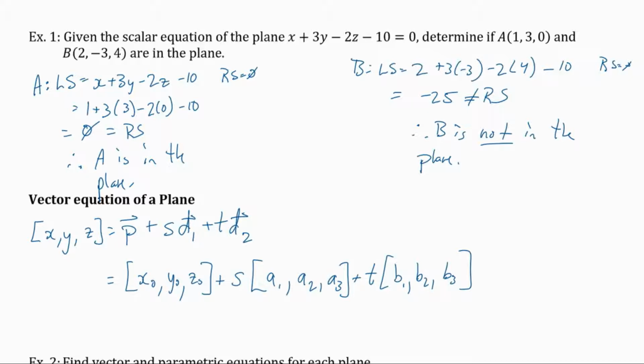Okay. So this is where P is a position vector that goes to a point in the plane.